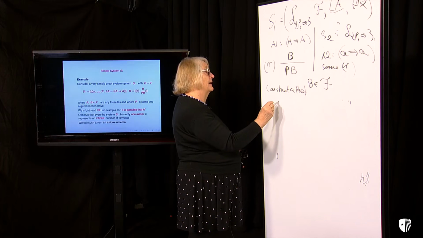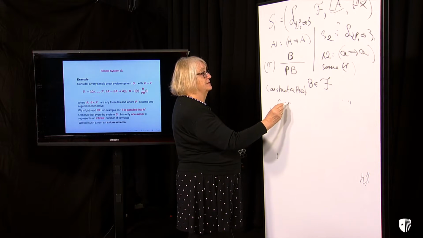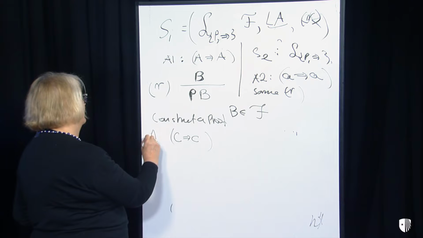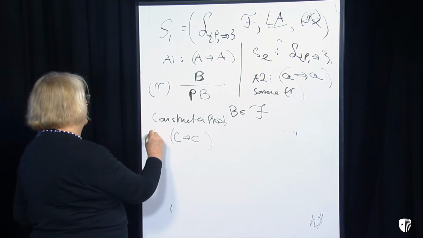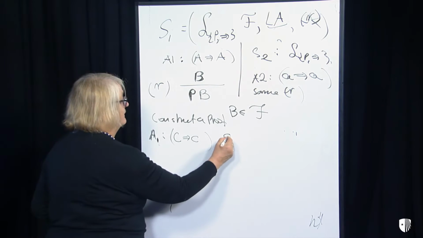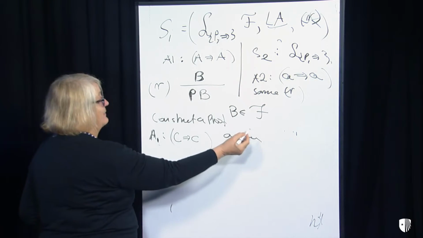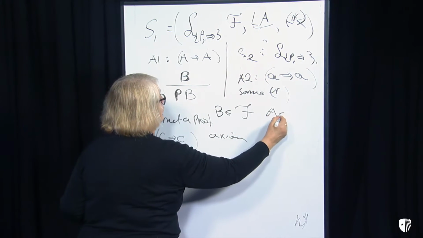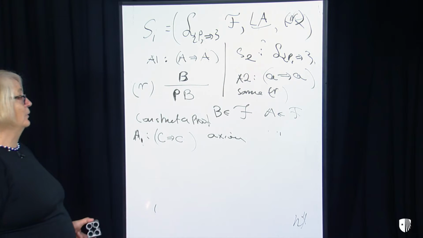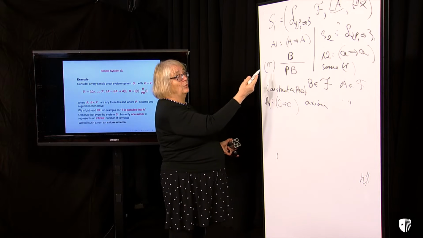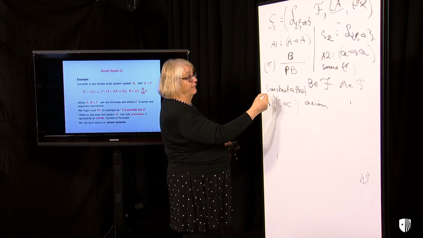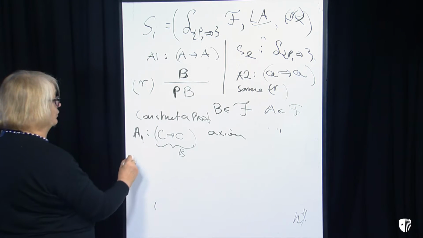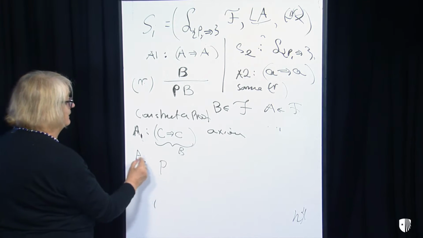So for example, I write C implies C, capital C. So this is my A1 in the sequence, and this is an axiom, because A is any formula, so I call this formula C. Now, what the rule of inference says is that if I have a formula, that is my formula B, I can apply this rule and write P in front.